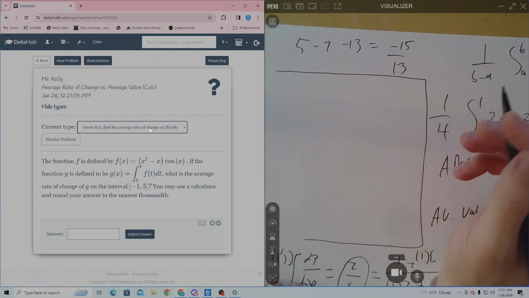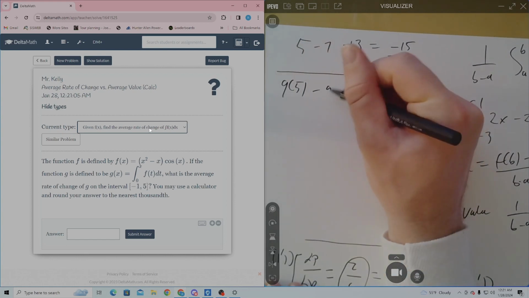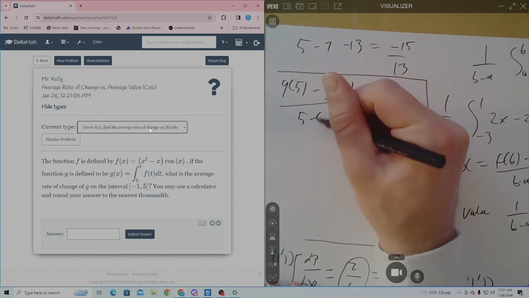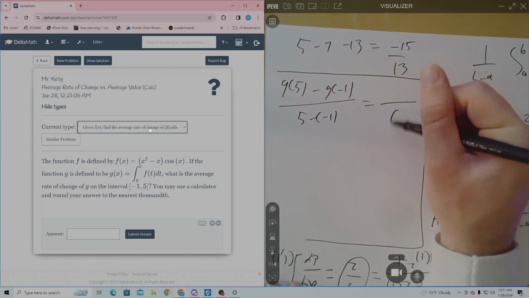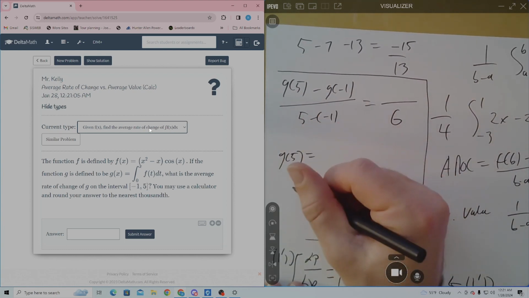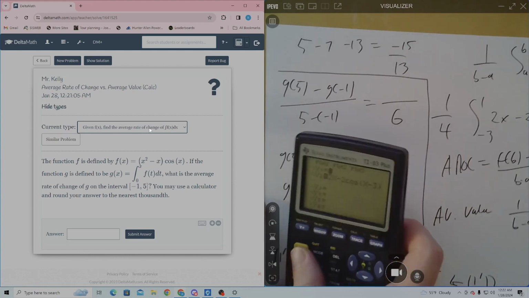So basically, this is just like saying g of 5 minus g of -1 over 5 minus -1, so it's all over 6, right? So we need to find what is g of 5 and what is g of -1. And the way we do that is we need to take the integral of that function over this period.